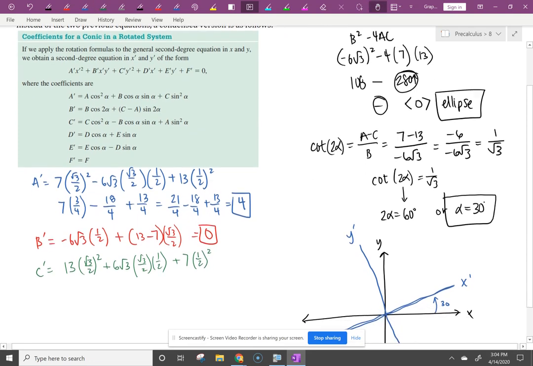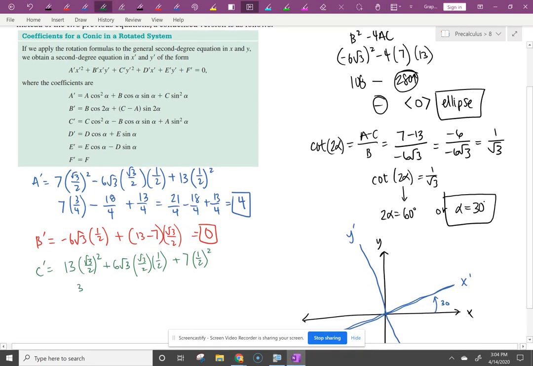And so let's clean that up a little bit. That is going to be 13 times 3/4 plus, again, 18 over 4 plus 7 over 4. So that 39 over 4, I see, plus, now 18 and 7 is 25 over 4. So what is that? It's 64 over 4. Oh my gosh, that goes in nice. Also, that would cut them both in half, would be 32 over 2. Cut those in half would be 16. And so there's our C value is 16.